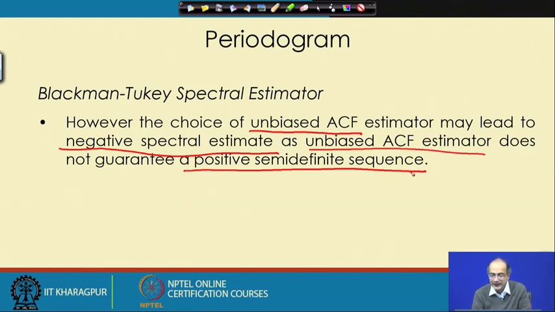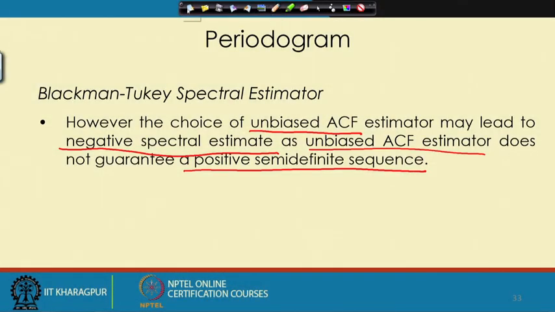So, what we mean by that is, as this is not a positive semi definite sequence, if we take the Fourier transform and take the absolute value, it may become negative. Now, what is the problem with that? The problem is, we are talking about the energy of a signal, and energy cannot be negative.